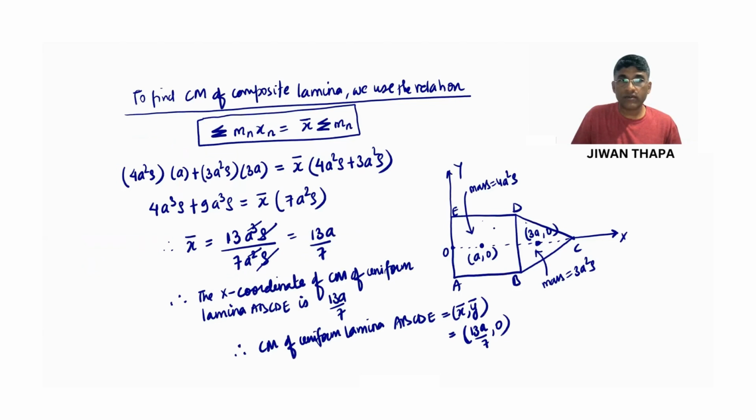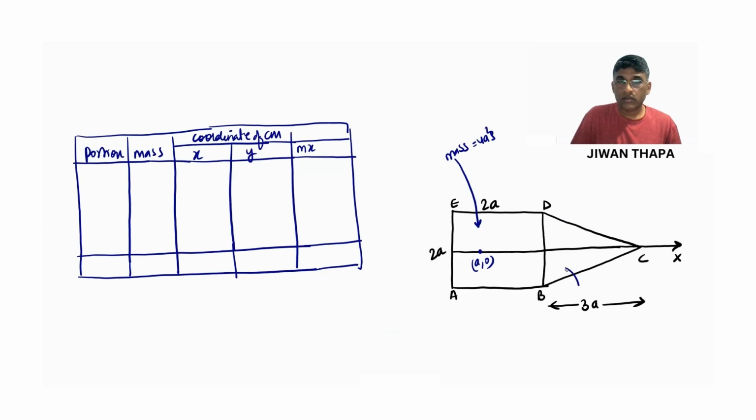And the mass of the triangular lamina is 3A square rho and its center of mass is at 3A, comma 0.